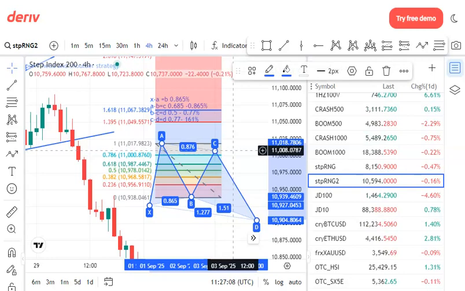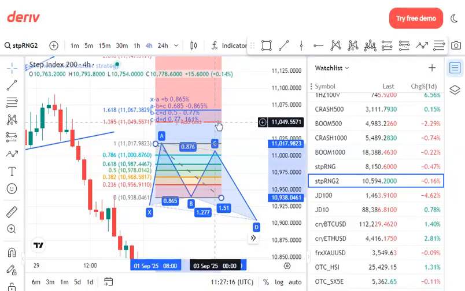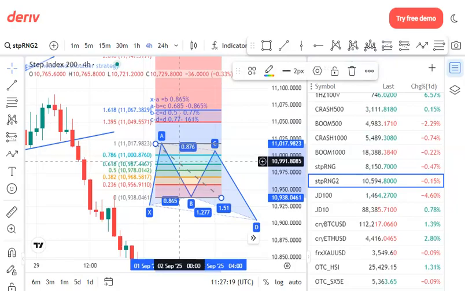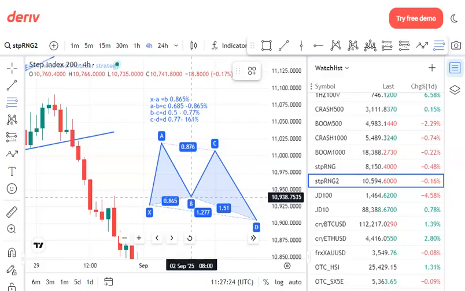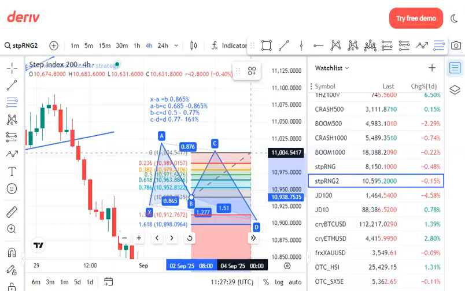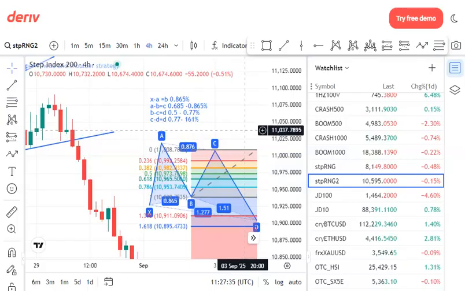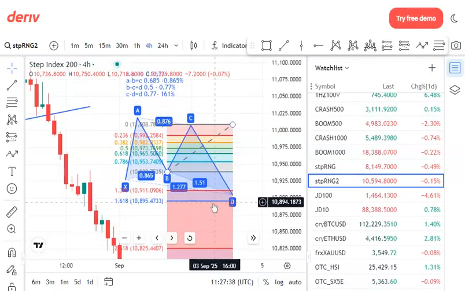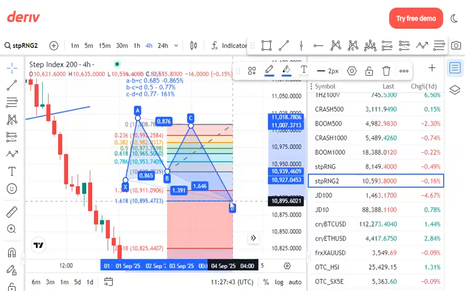So we were looking for the C to D. We're just looking for the B to C. That's going to give us a D, right? You can either have it on 0.55 all the way to 0.77 percentage, or 0.77 percentage to 161 percentage. And that is what I have here in my naturally drawn Fibonacci level. 161.8 is what we have here.